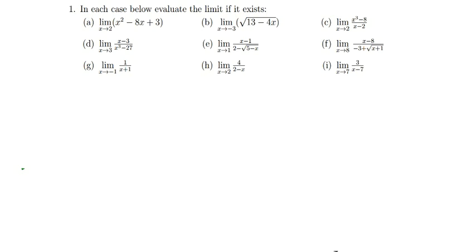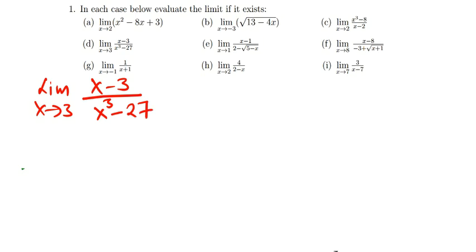So the limit as x approaches 3 of x minus 3 divided by x to the power 3 minus 27, right? Can we now divide by the smaller one, of course, which is x minus 3? In this case, I'll use synthetic division so that you're introduced to it as well.